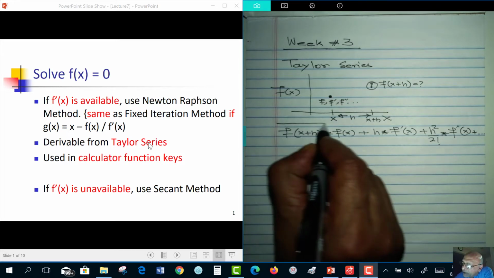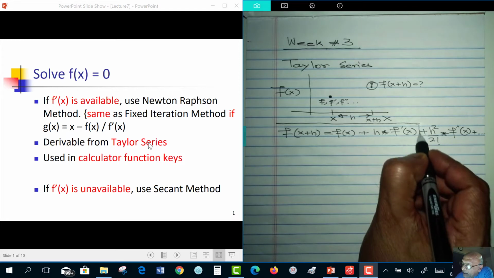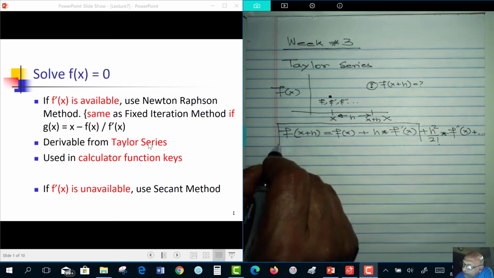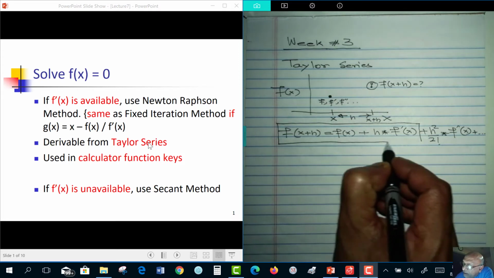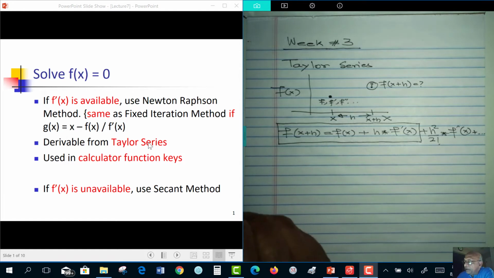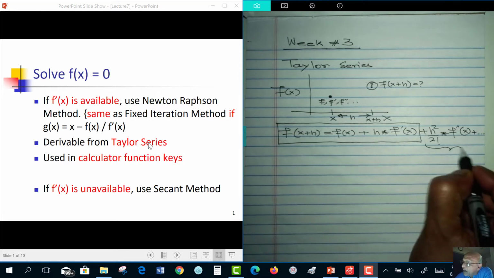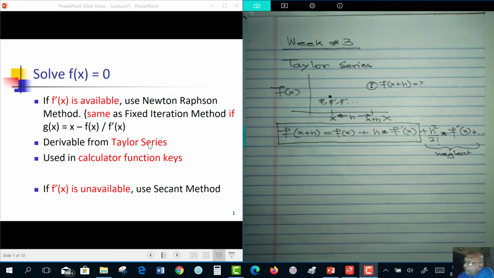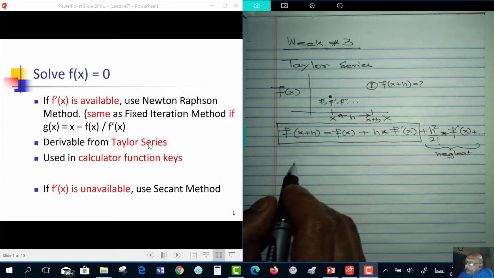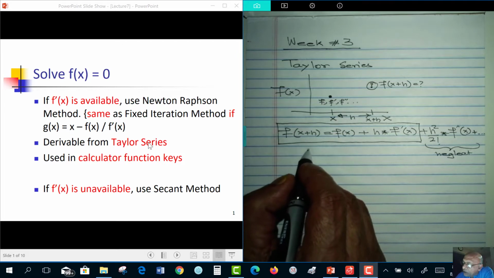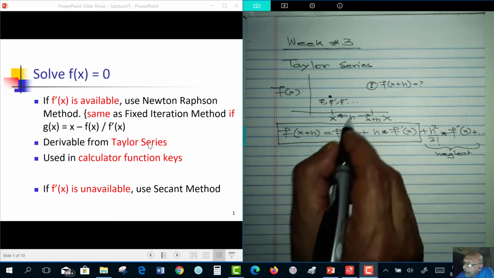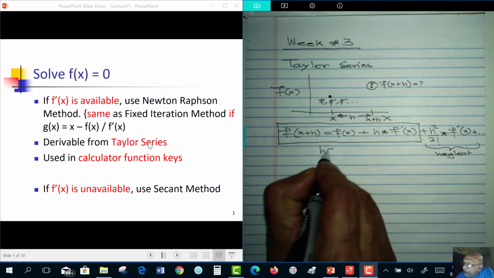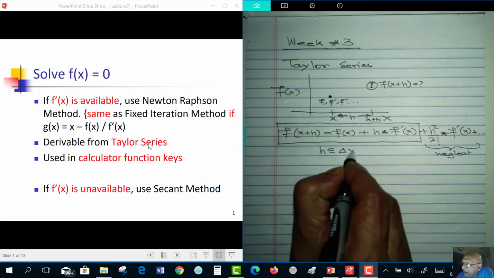Let's consider, for instance, truncating the Taylor series after the first two terms. So we are going to neglect these higher order terms. So what happens in the Newton-Raphson method is we want to find out h, and think of h as the same as delta x.